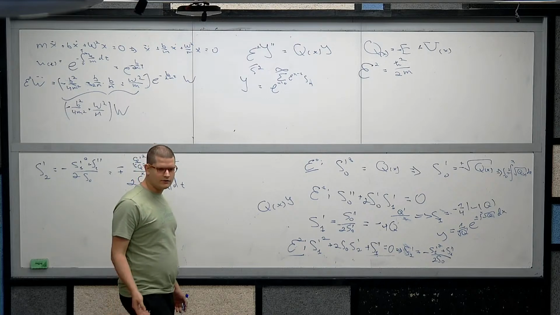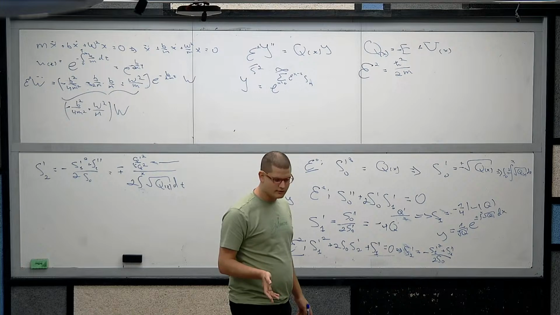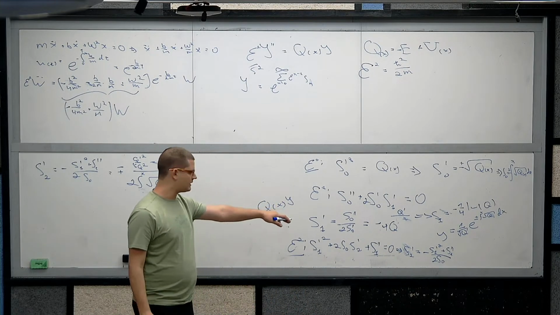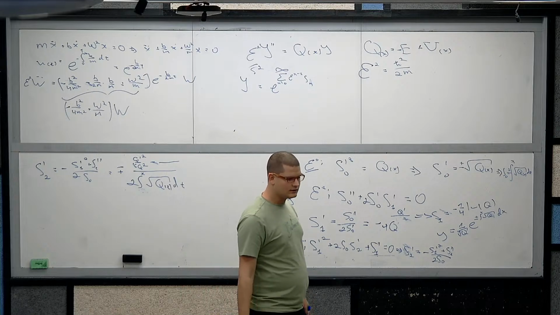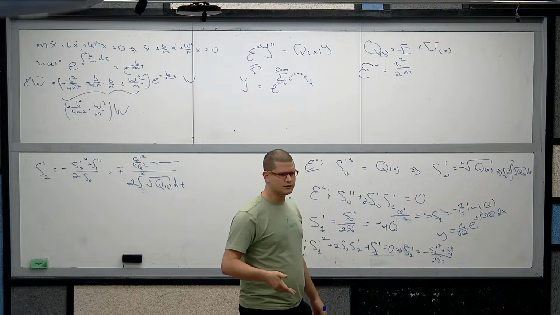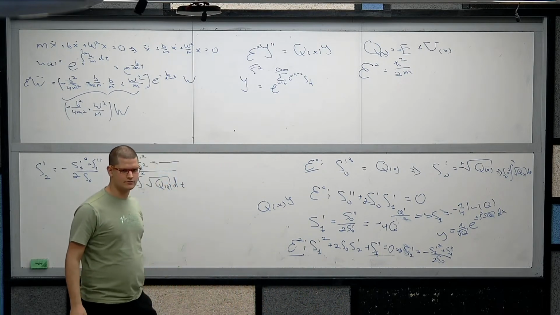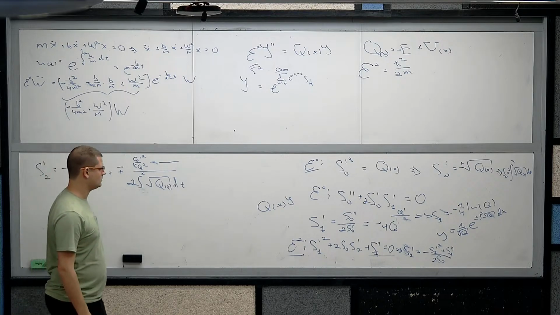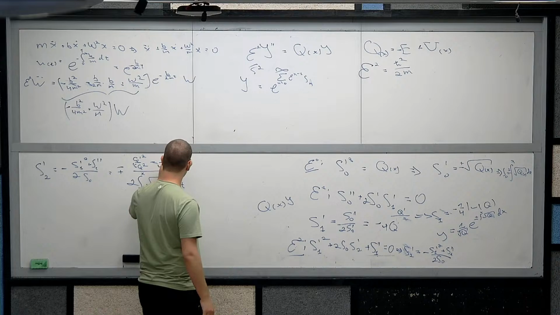If you want to calculate a correction to frequency in some physical problem, for example, usually you will have to find S2, and therefore you will have to do that development. And if he asks you to find the even next correction, you will have to go to S3. Usually it depends on the question.